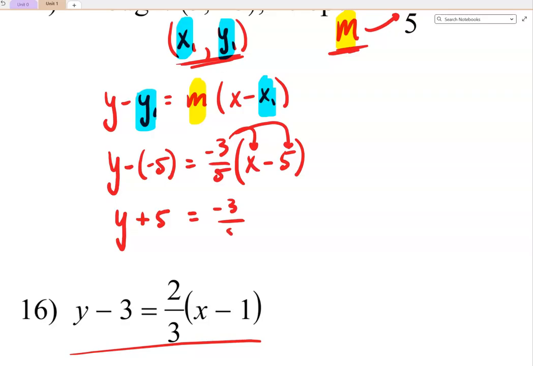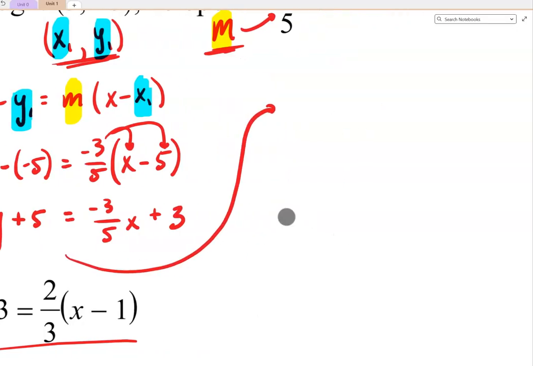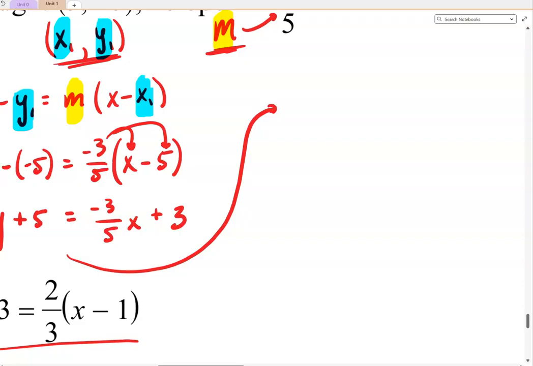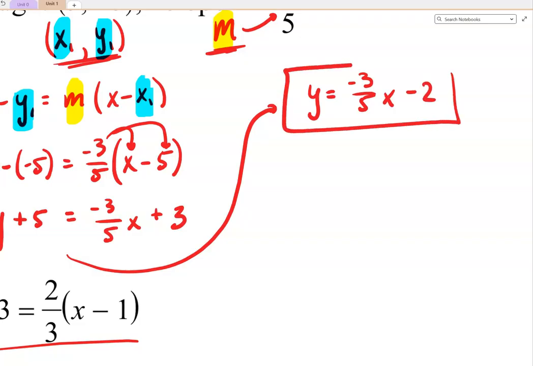Negative 3/5 x. Plus, because the two multiplications of negative signs, and this 5 over 5, this turns into plus 3. I'm running out of room, so I'll finish up over here. Subtract 5 from both sides, and we have negative 3/5 x minus 2 as our slope-intercept equation.